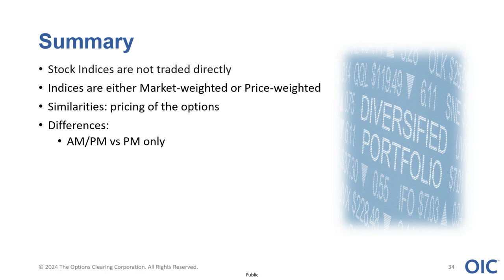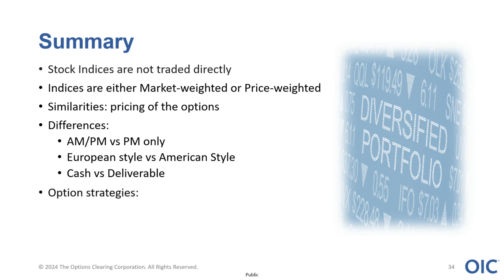But the differences that you're looking at are settlement, which is AM, PM, European versus American style options, and what it delivers. When do these settle? What do they settle to? And when am I allowed to actually exercise these options? Those are the things that you need to keep in mind when you're trading these.